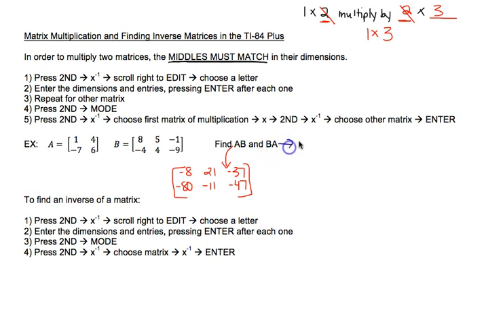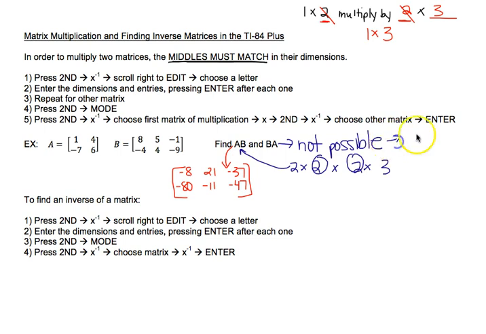So here, we would say this is not possible because we've got a 2 by 2 multiplied by a 2 by 3. On our first one, that worked because the middles matched.